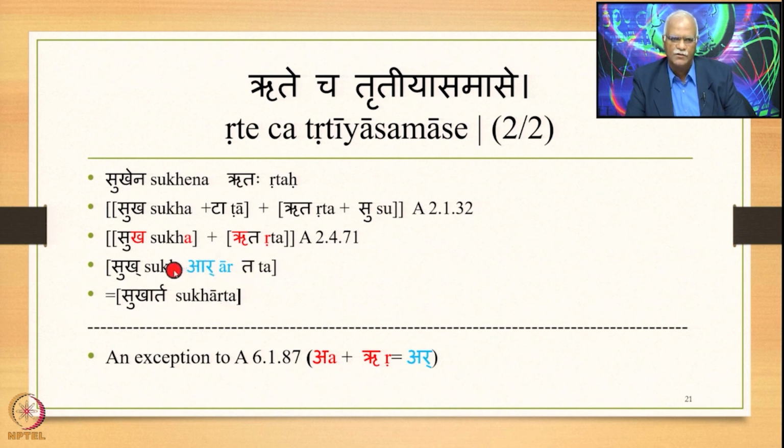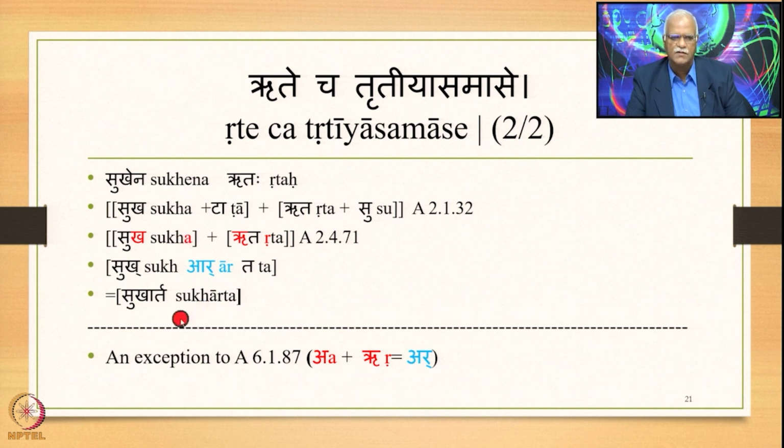How this a and ru gets r as the substitute, we have already studied when we studied the sutra Urandraparaha. So this ra is added when an is the substitute in place of ru. This is an, and so therefore ra is added by the sutra Urandraparaha, and so we get the form Sukharta.